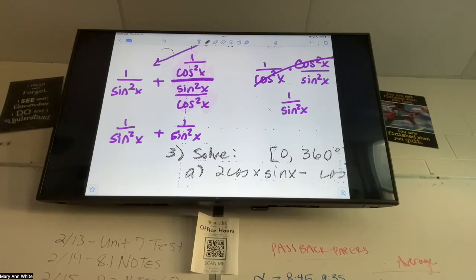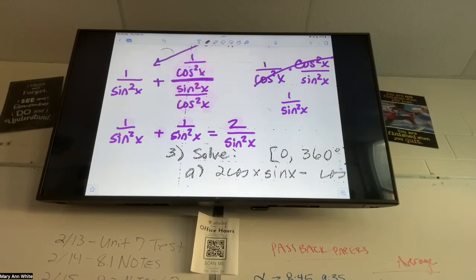That's pretty cool. Can I add those two together? What would that be? Good. Sometimes we do such tough things that then we get to literally 1 plus 1 and we forget that that's just 2. So 1 over sine squared x plus 1 over sine squared x is 2 over sine squared x.